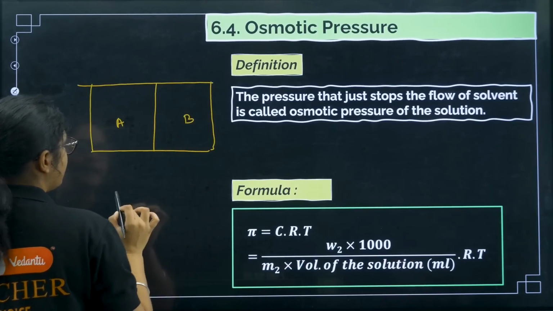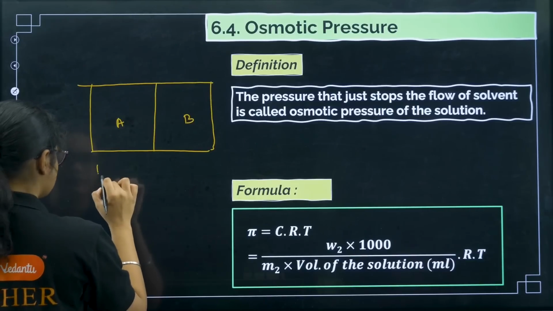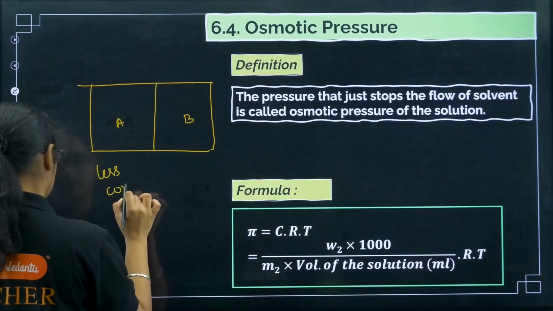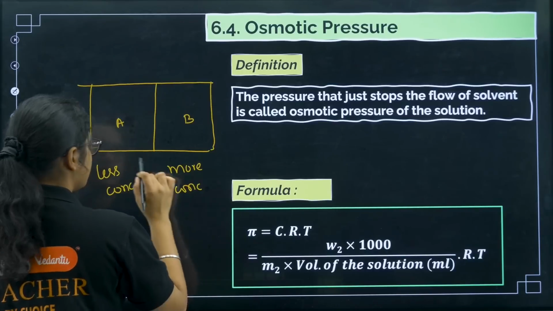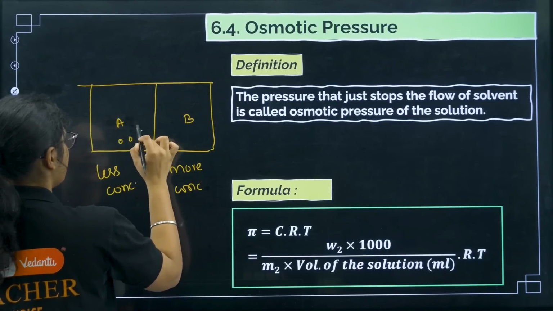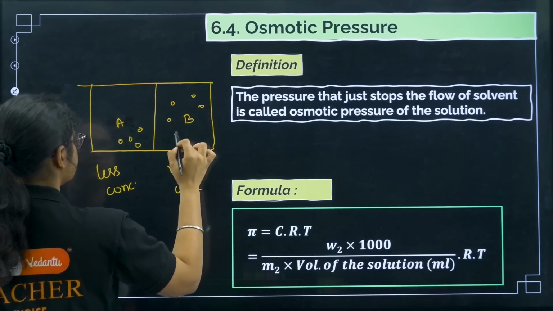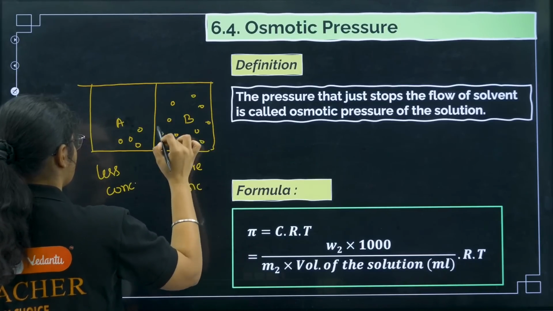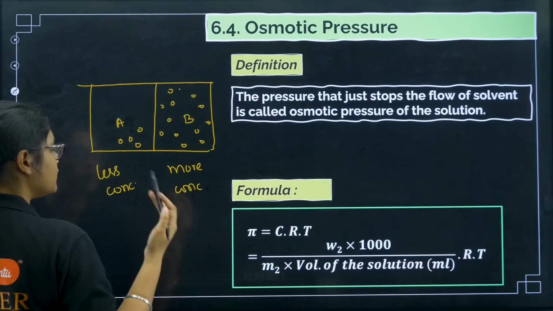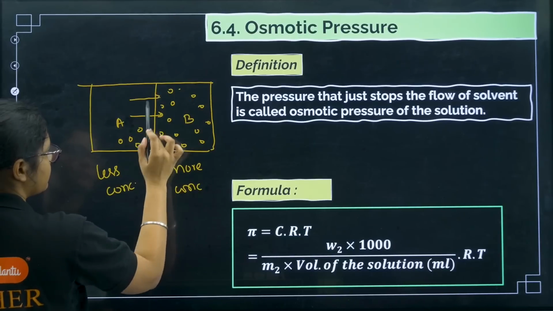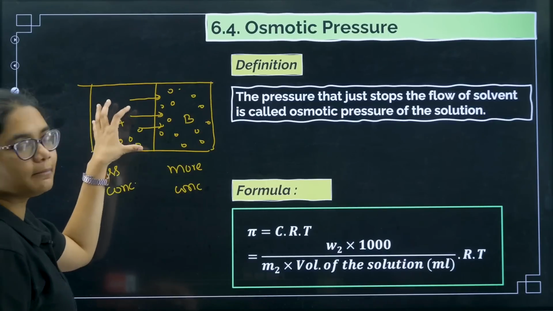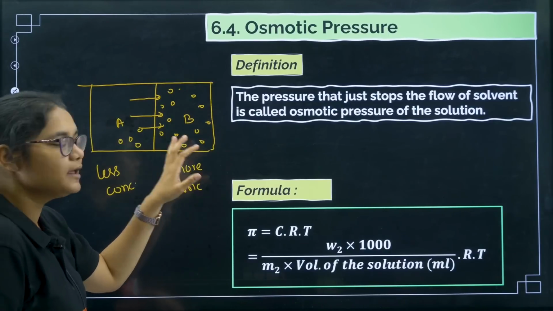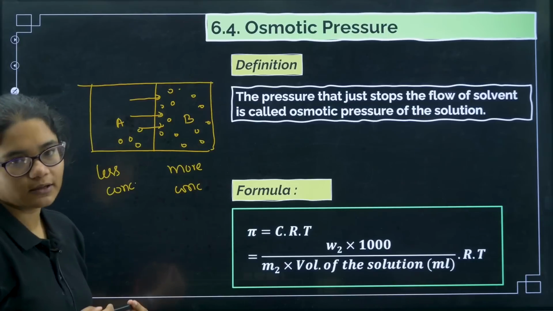Now A is less concentrated and B is more concentrated. That means here there is a smaller number of solute particles, and here there are more. Now what will happen? The solvent will flow from the less concentrated part to the higher concentration part, and that is called osmosis.